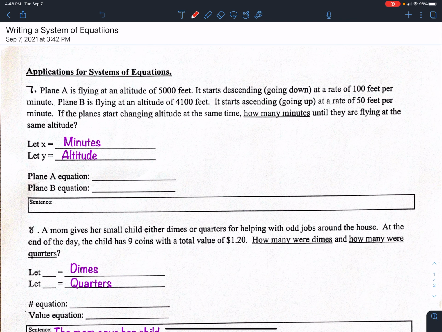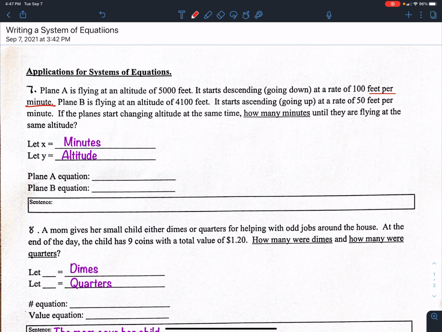A plane is flying at an altitude of 5,000 feet. It starts descending, going down at a rate of 100 feet per minute. Plane B is flying at an altitude of 4,100 feet.